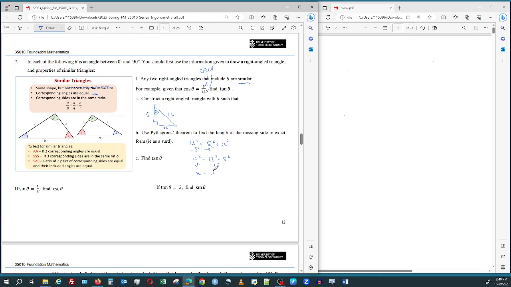So x is equal to the square root of 13 squared, which we worked out was 169, minus 25. And that's 4, and that's 4, so it's the square root of 144. You just get to know them. You can use your calculator, it doesn't matter. And that's 12, so x is our 12.